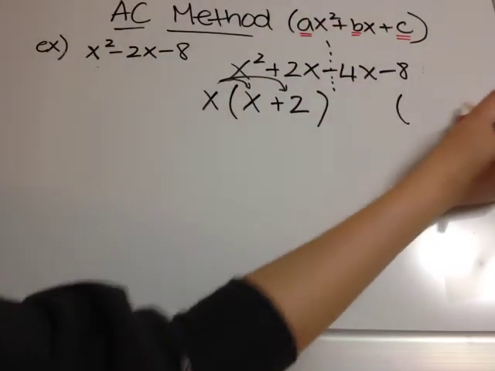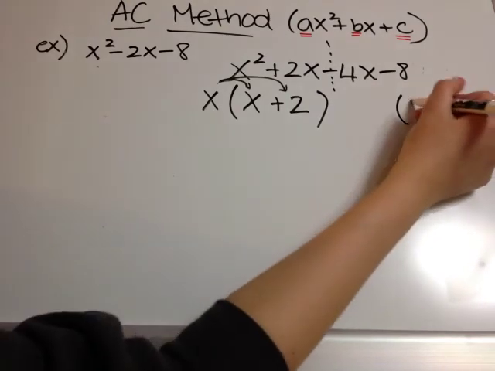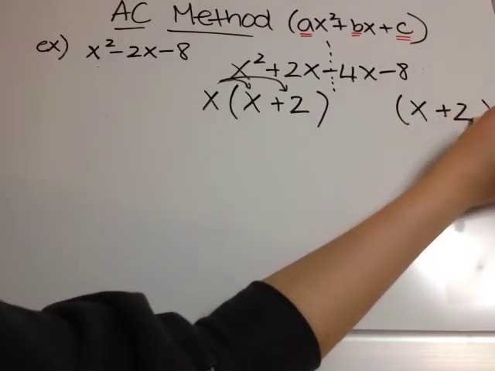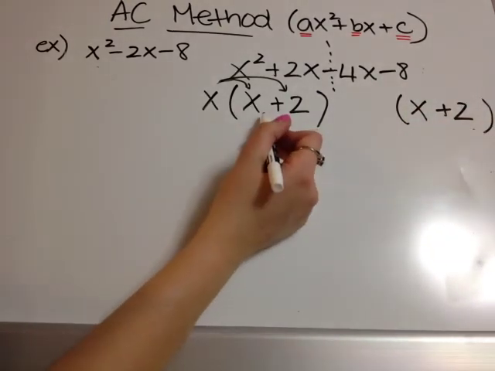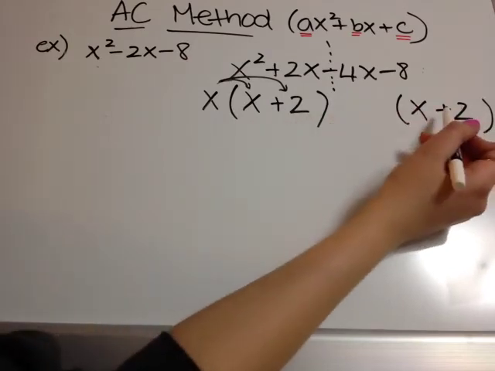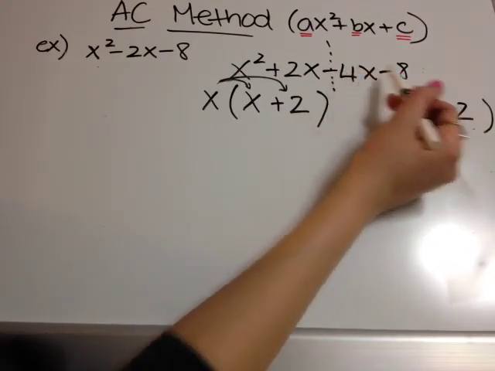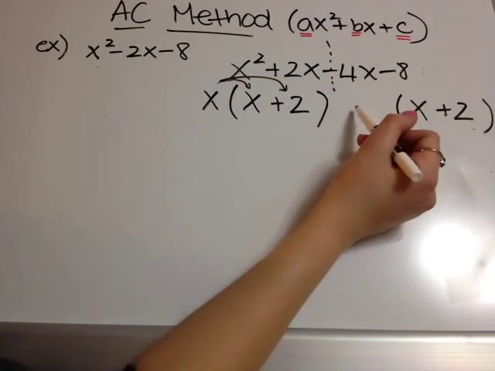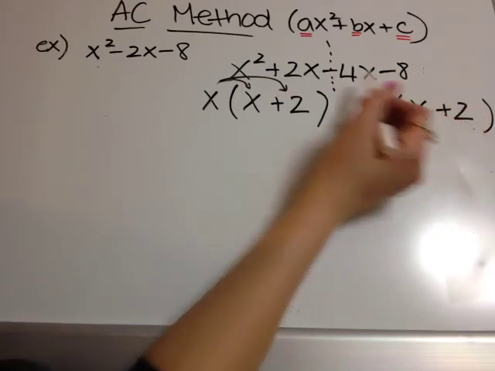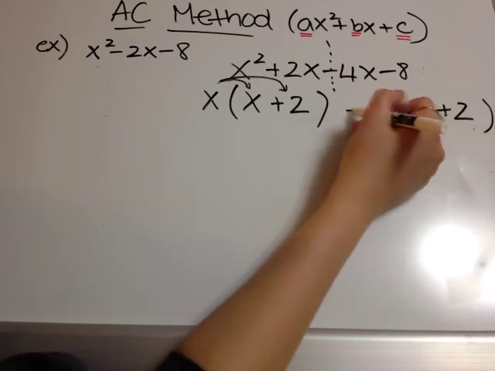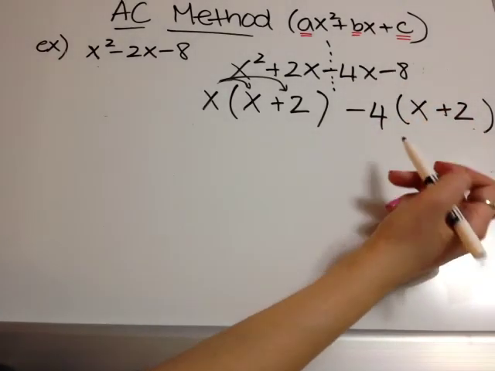Okay, well, in the other parentheses, we have to have the same thing. So I'm going to just rewrite whatever I had in the first parentheses. And I need a number out here that's going to give me back negative 4x minus 8. Well, what do I multiply x by to get negative 4x? That's negative 4. Let's check if that works.